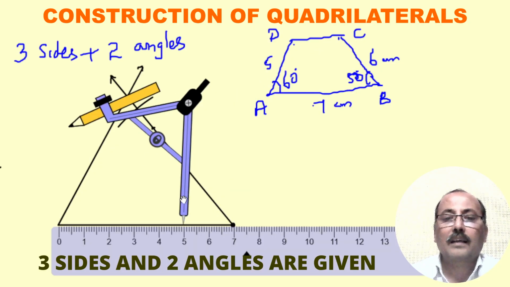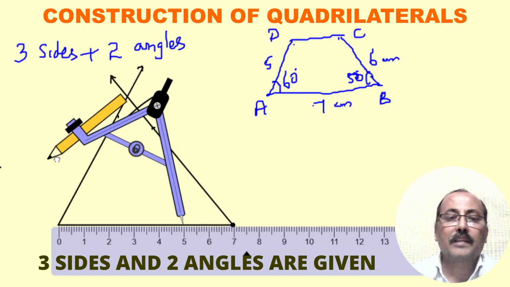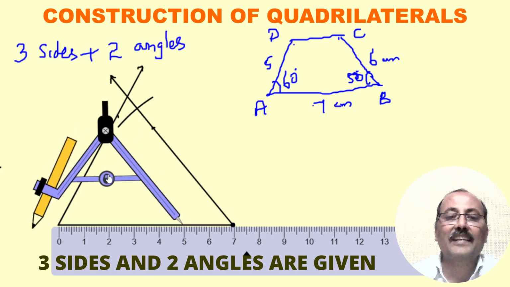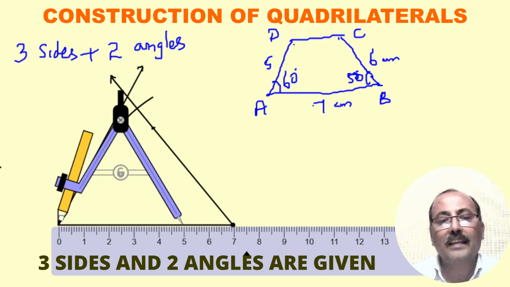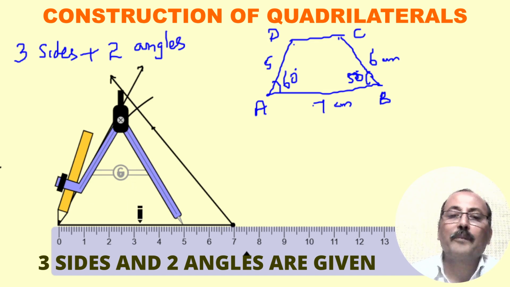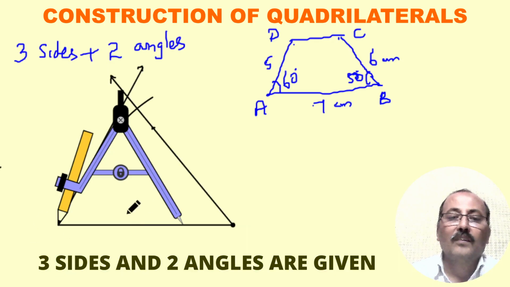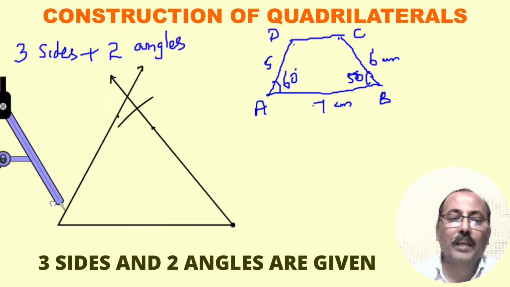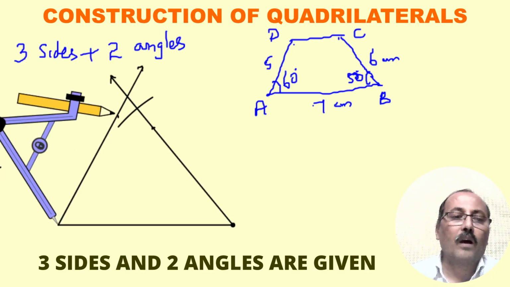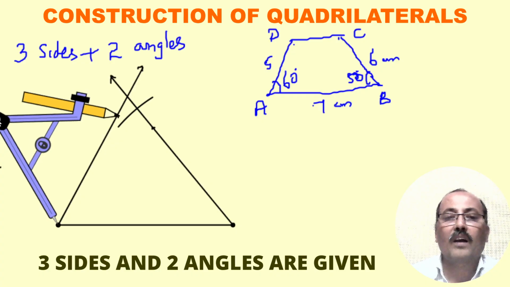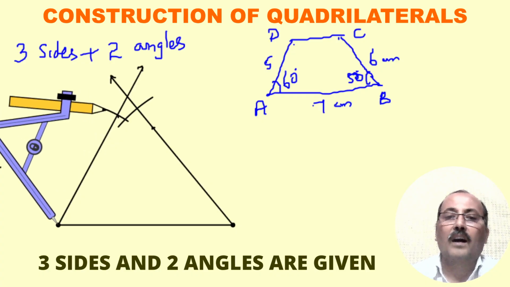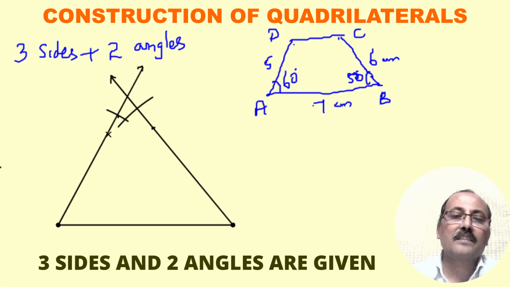Again take the compass, that is 5 centimeter. I kept the needle head at 5 and this is here. Okay, no problem. 5 centimeter I have taken. Now from where to where I have to draw? From this needle head you keep it at A and draw an arc. That arc is 5 centimeter.